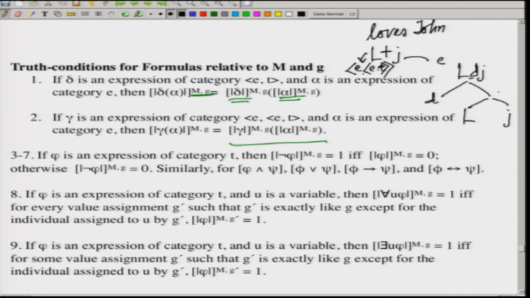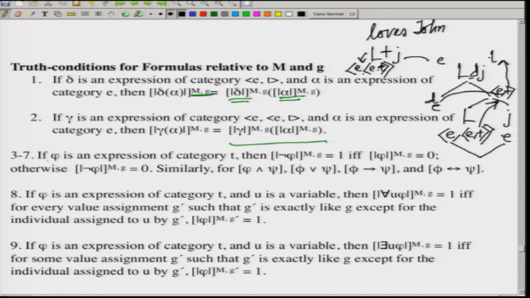So the types will be like this: this is E, this will be the type E to T, this will be the type E, finally this is T. Everywhere, look at this operation: the first elements are the same, the second element goes out. Once again the first elements are the same, the second element goes out. This is how it is constructed.